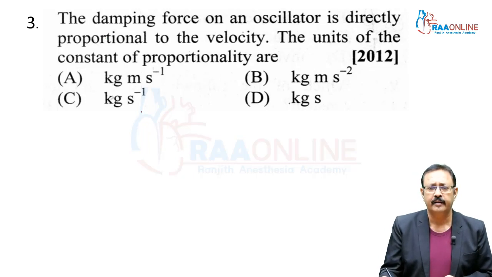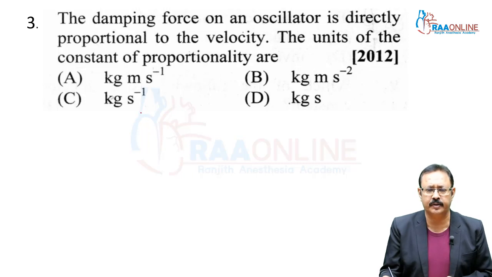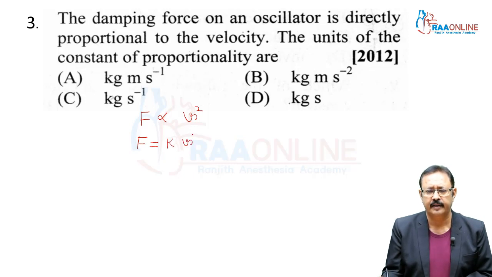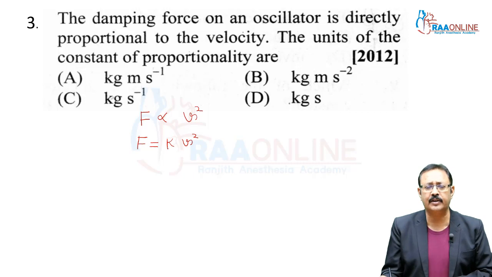We know that one kind of force is directly proportional to velocity square. When we are removing the sign of proportionality, we are getting one constant. They want this constant.